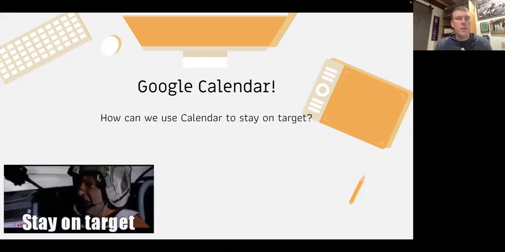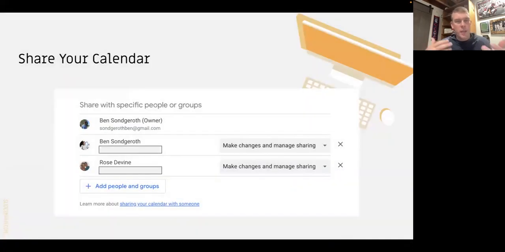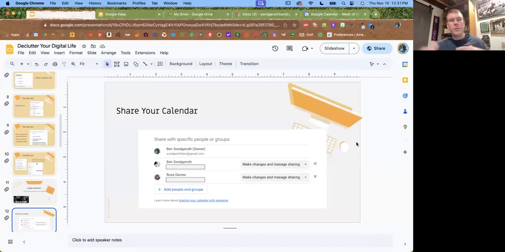It's essential to keeping me organized, on task, on target. I had to put a Star Wars thing in there. It's really important to make sure that I know where I'm going on a daily basis, because we're all very busy. So there's a few things in here that I want to show to help you declutter. In some cases, this might clutter, but we want to make sure we're aware of it.